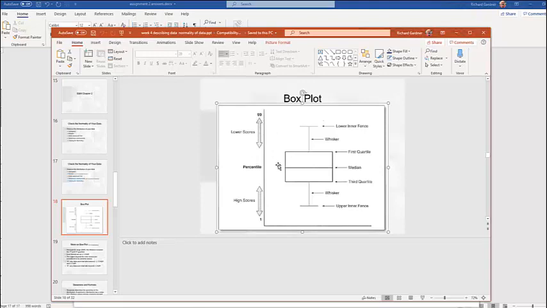So how it's supposed to work is the highest number is your maximum. It's the highest number in your data set. This next horizontal line, this second one, is your third quartile. In other words, 3/4 of your data is beneath it. That's your third quartile.